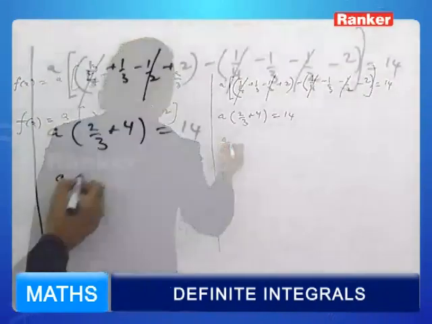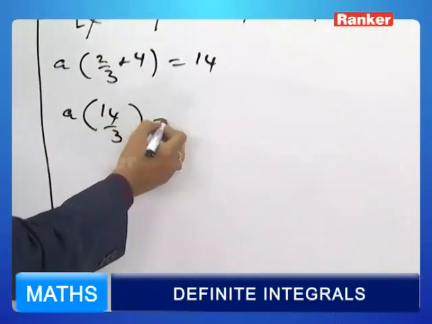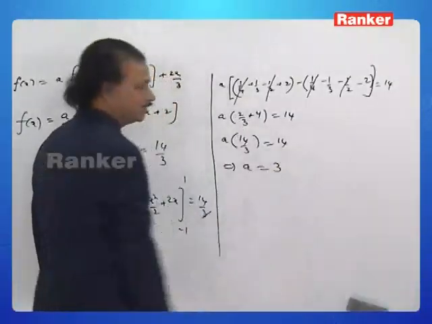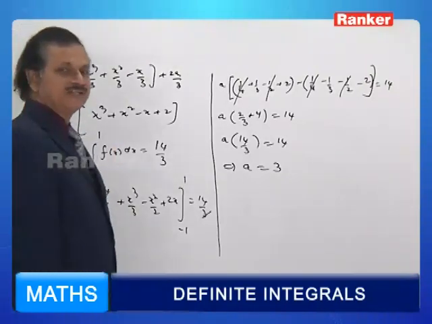Therefore, a into 12 plus 2, 14 by 3 is equal to 14. Thereby we will be getting a is equal to 3. Success!